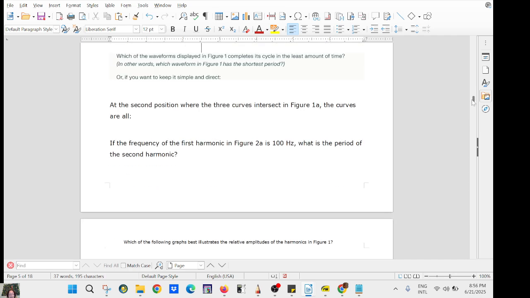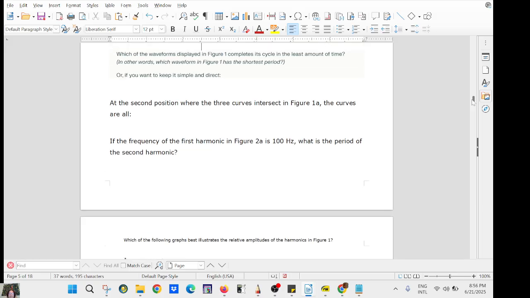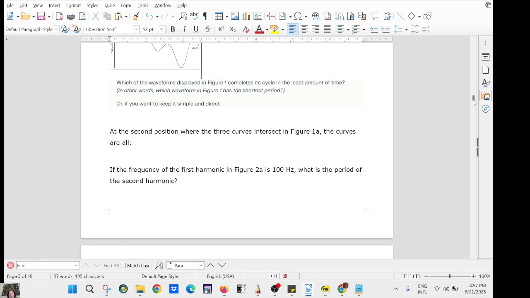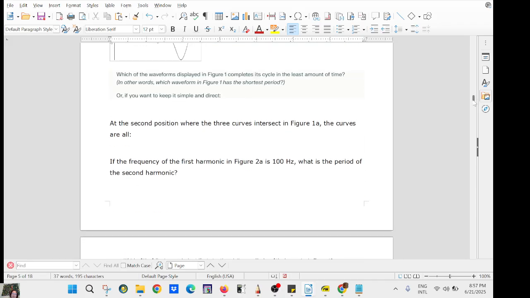Then, if the frequency of the first harmonic is 100 Hertz, what is the period of the second harmonic? Between the first and the second, you see that this is half a wavelength for the first harmonic, and the second harmonic is one wavelength. So it means the frequency has been multiplied by 2.